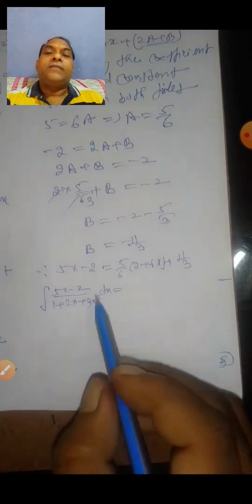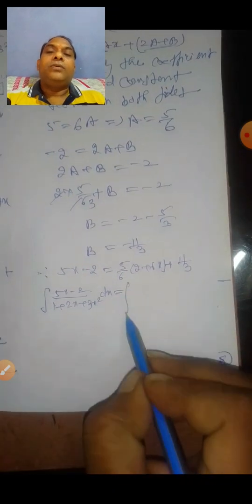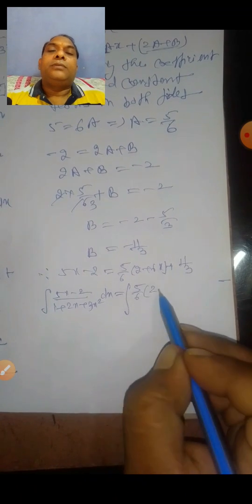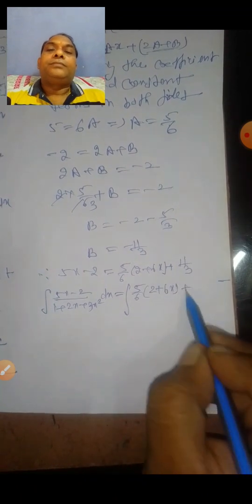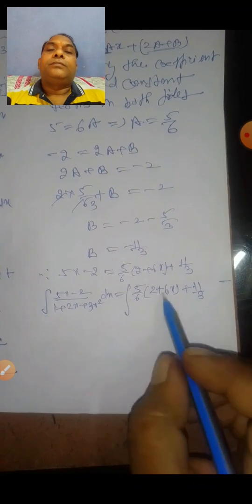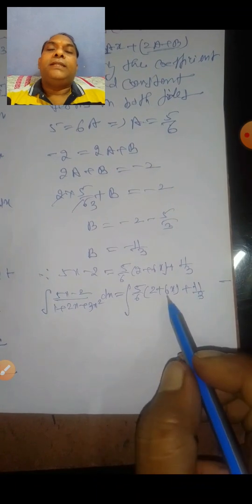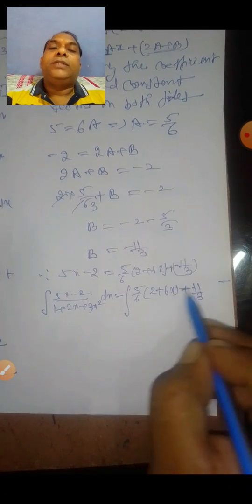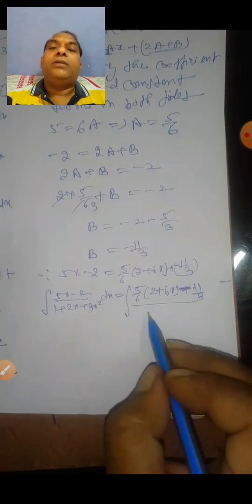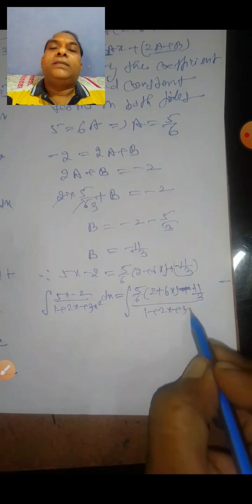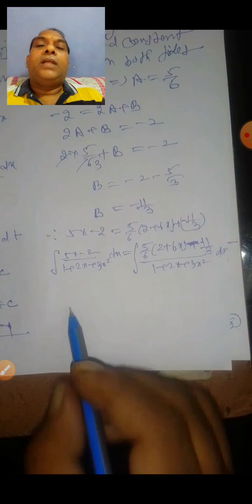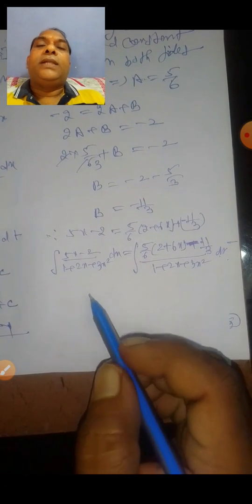Plus minus will be minus, so this will be equal to minus 11 by 3 upon 1 plus 2x plus 3x square. Clear? Now this question will be converted in two parts.